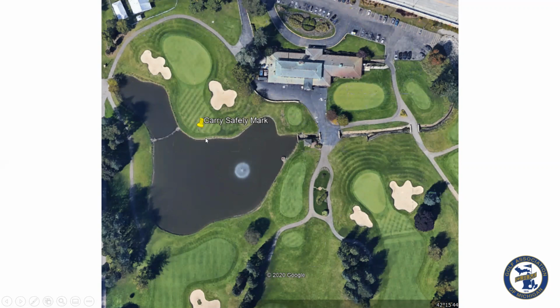So our number when we're actually calculating our carry is not based on where the water ends or where the penalty area ends. It's 10 yards from that point, and that's our distance. And that's the distance that we'd use when we go to our crossing table in the book, not the actual, quote unquote, true carry number.